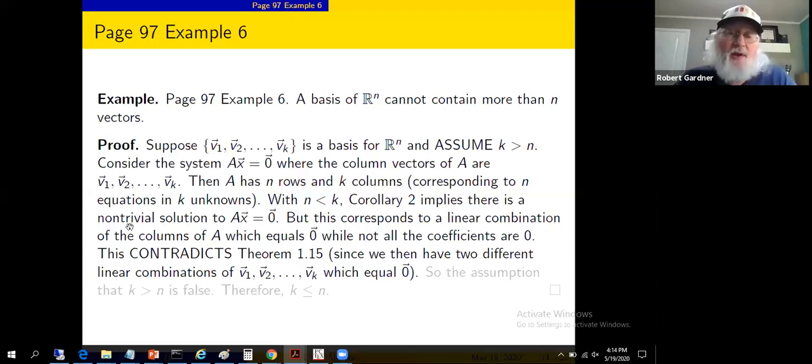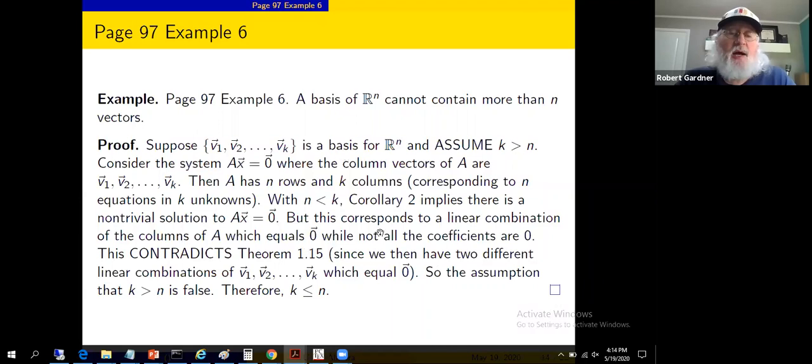There's a vector x, not all of whose components are 0, that satisfies this equation. Use those components as coefficients on these vectors, and you get the 0 vector. That's what the system of equations means. You can't write a vector in more than one way and have a basis, so this contradicts the fact that we have a basis.